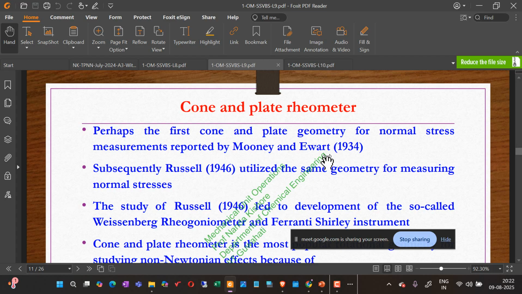So coming to the next important topic of the week, the cone and plate rheometer.